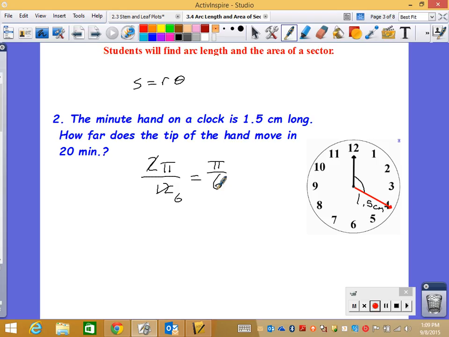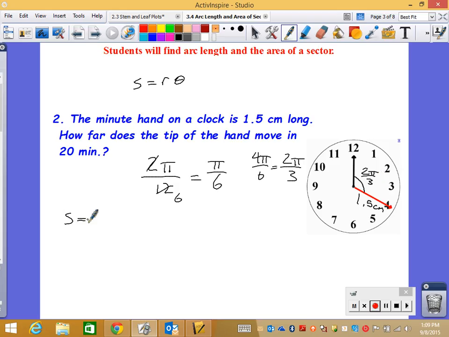Now we're going from 12 to 4 in 20 minutes, which means we have 4 of the sectors. So I know then that the central angle is 4 pi over 6, or 2 pi over 3 when we reduce. So the central angle here is 2 pi over 3 radians. Now we're going to plug everything we know into my formula.